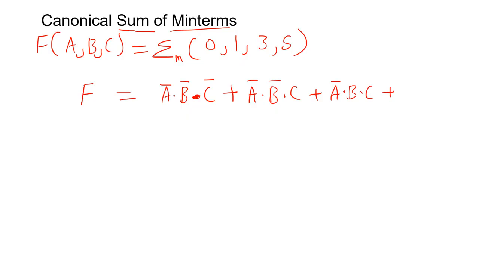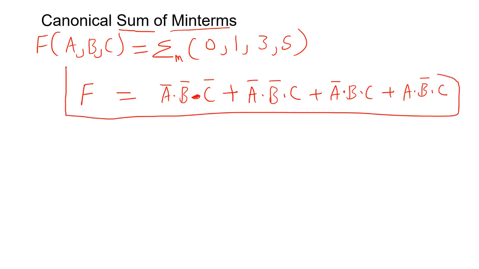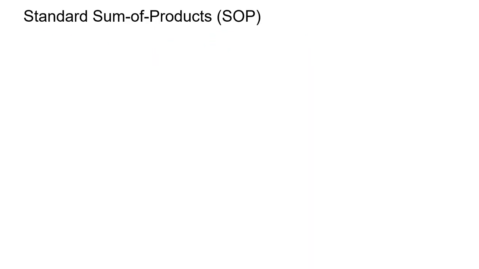Similarly, you write the minterm for 5, which will be a dot b bar dot c. And this becomes your canonical sum of minterms. This is your expression. Getting clear? I think yes.